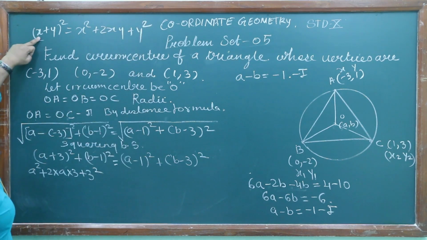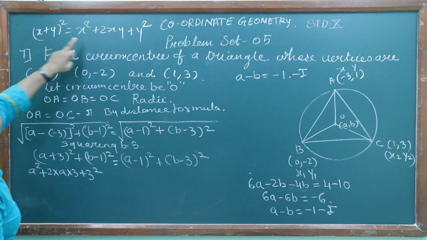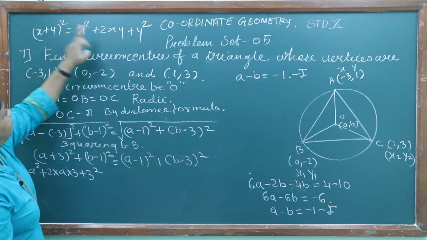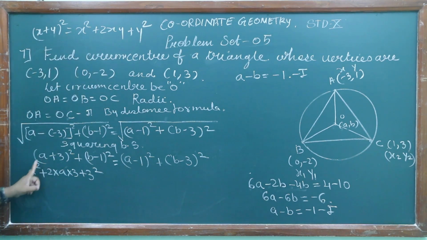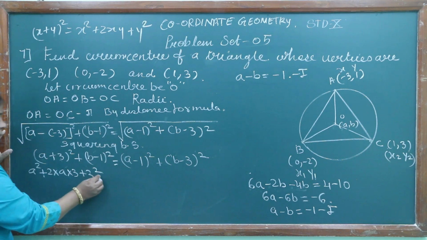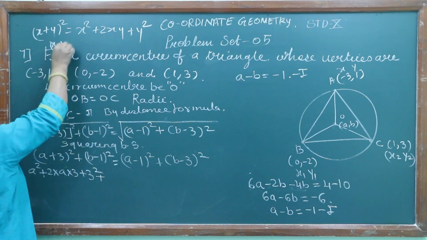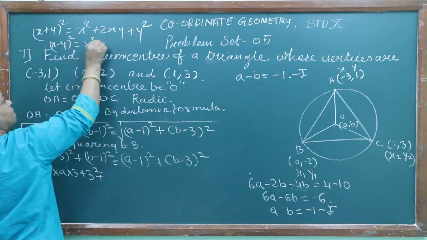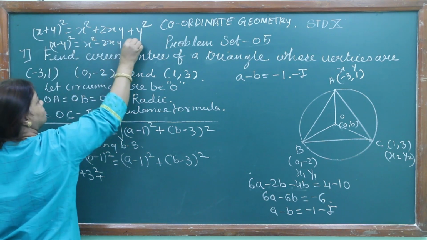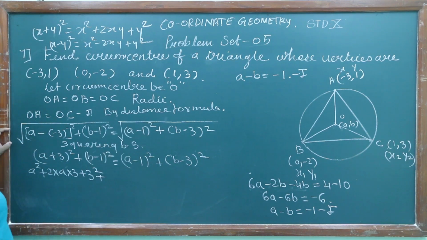So x means a, square it, then plus 2 into x into y plus y square. So here a square plus 2 into a into 3 plus 3 square, plus b minus 1. That is the x minus y the whole square formula, x square minus 2xy plus y square.